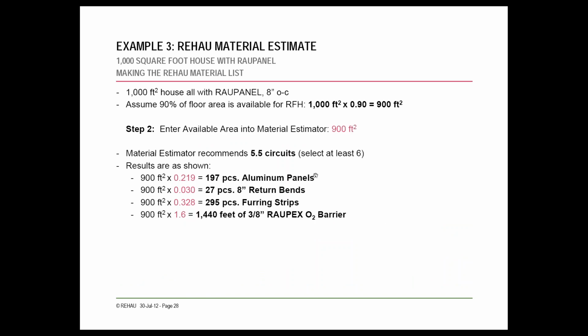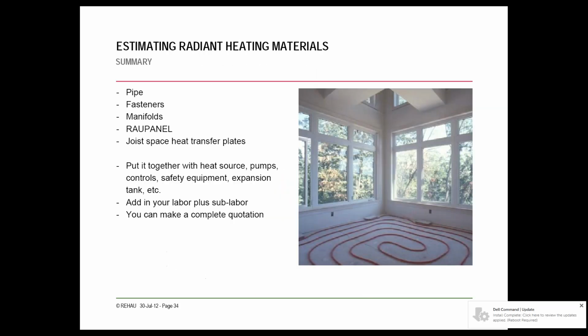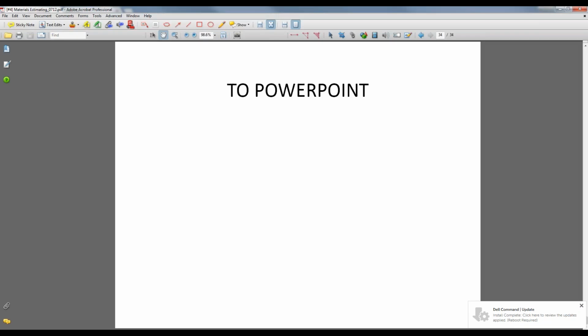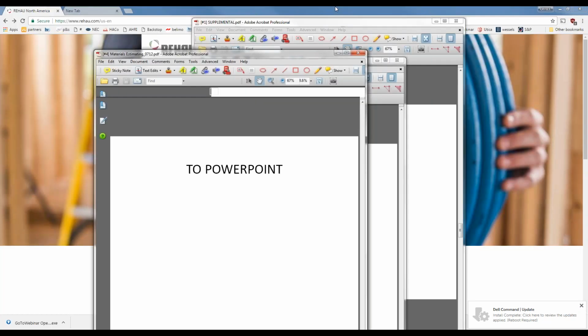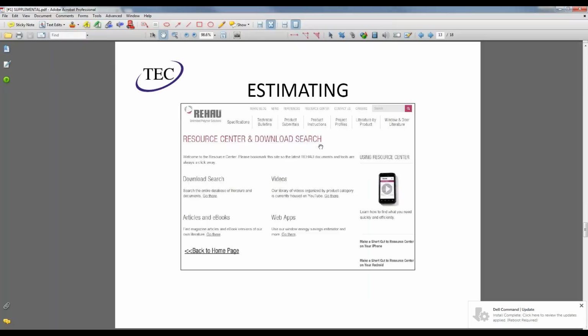But basically, the material estimator will give you the amount of square feet for each of the different pieces, and you apply the different multipliers they give to get the number of pieces. Let me buzz through here real quick. Yeah, these are all the same deal. Quickly go back to this to wrap up.